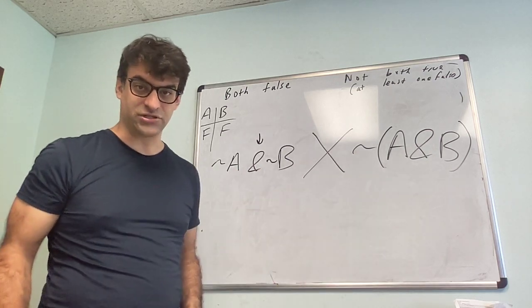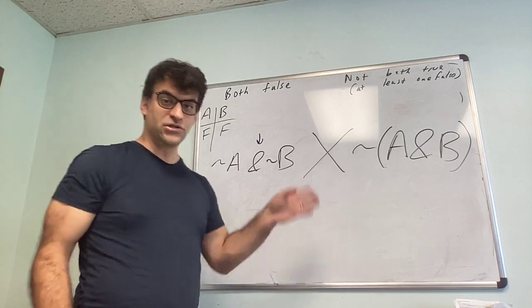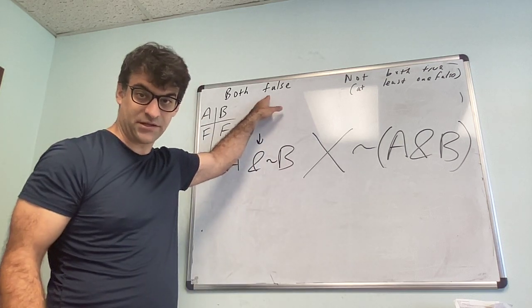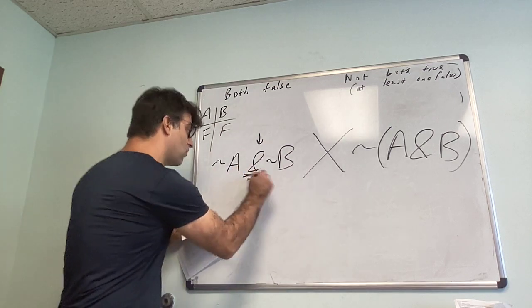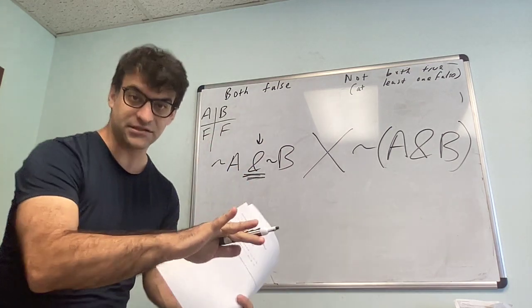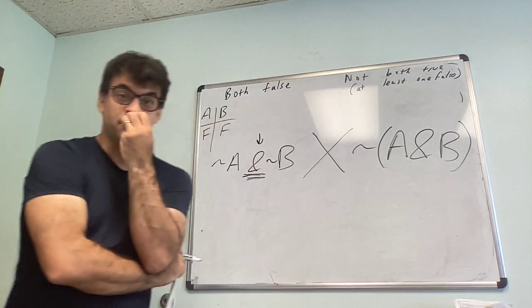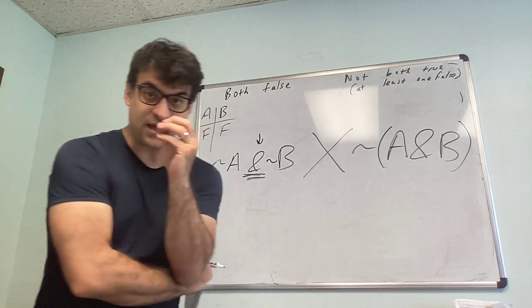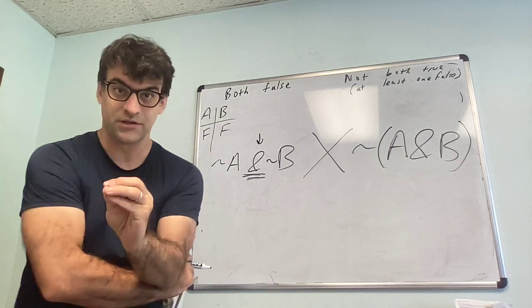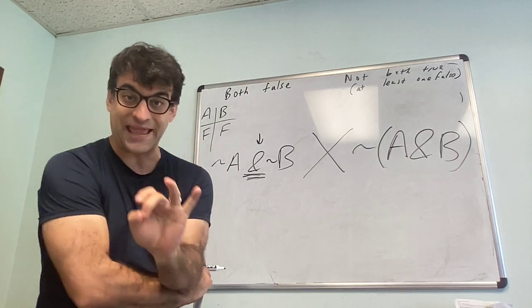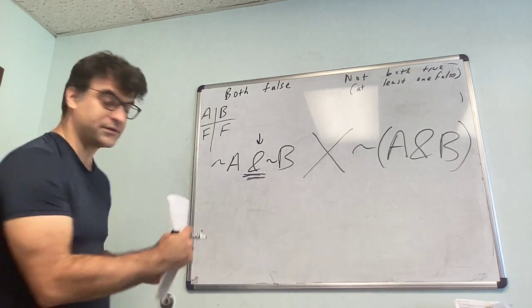Do not treat these as interchangeable. You can express this statement with a negation as the main connector, but you need to change this to or, not and, right? If you say two things are false, you're saying neither one is true. So you could treat that as negating an or statement.